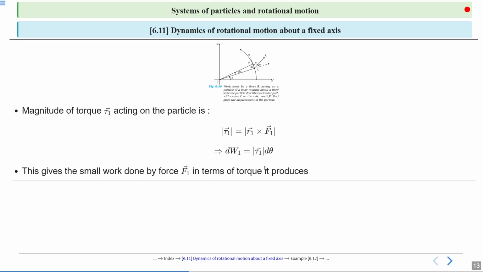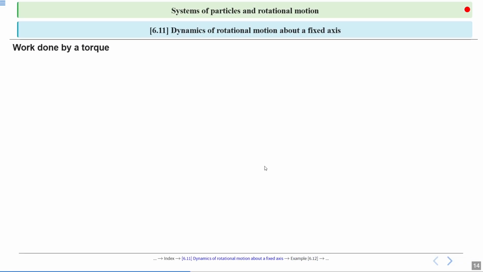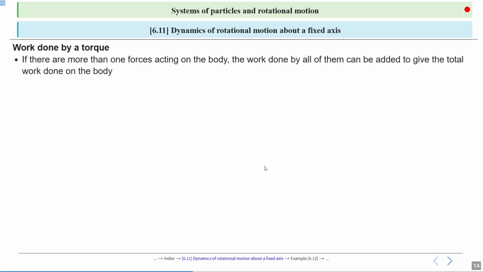So what happens when the acting forces are multiple? If there are more than one forces acting on the body, in that case the work done by all of them can be added to give the total work done on the body, because we know work done is a scalar quantity, it has only magnitude, there is no direction.